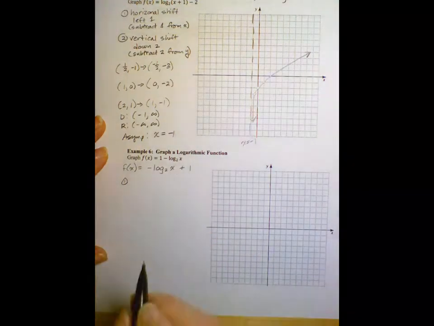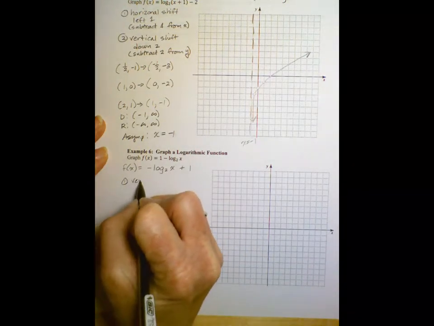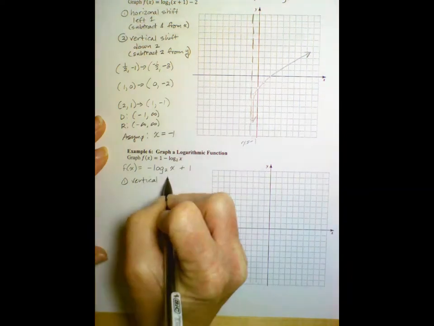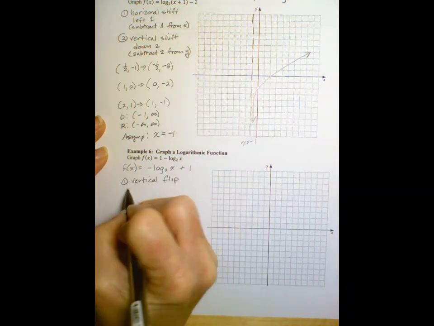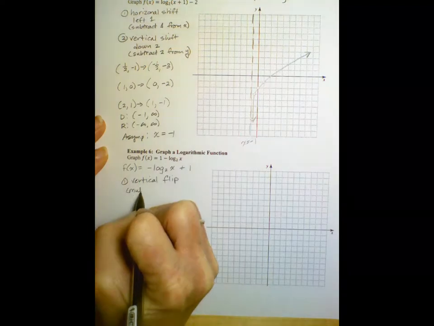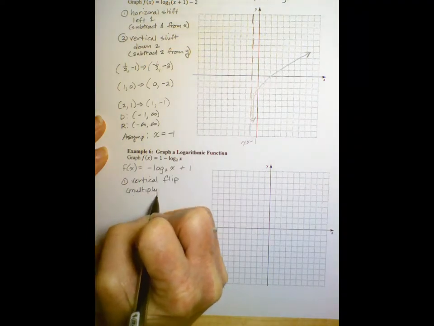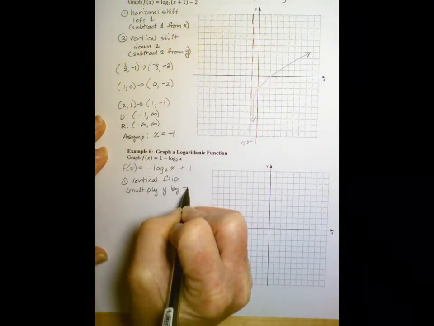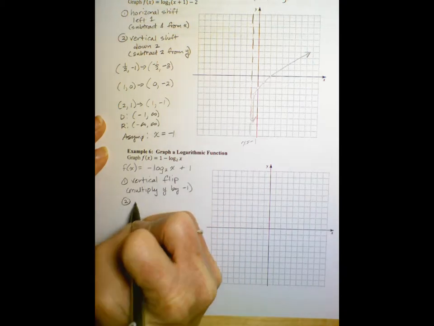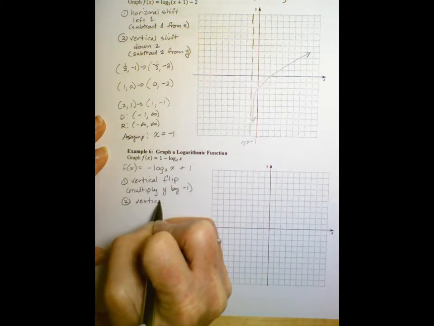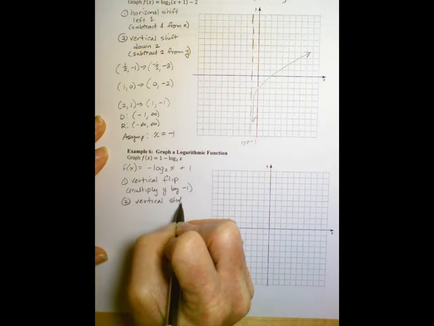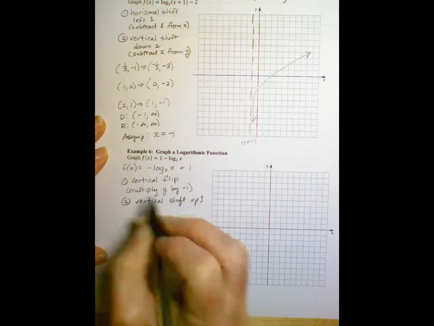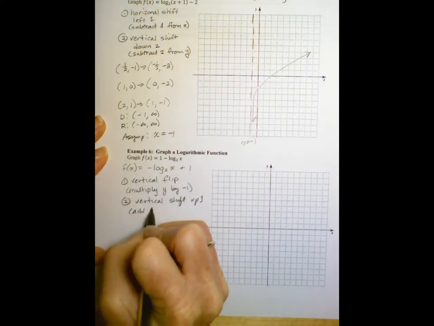So we have both vertical. We have a vertical flip, which means we will multiply y by -1. And we have a vertical shift up, 1 unit. So that means we'll add 1 to y.